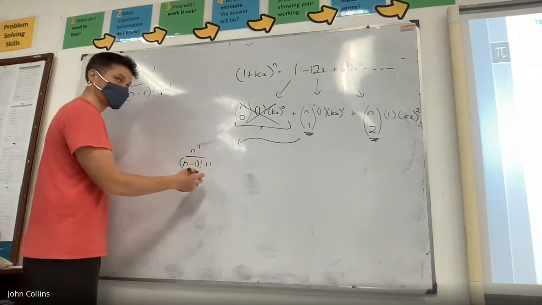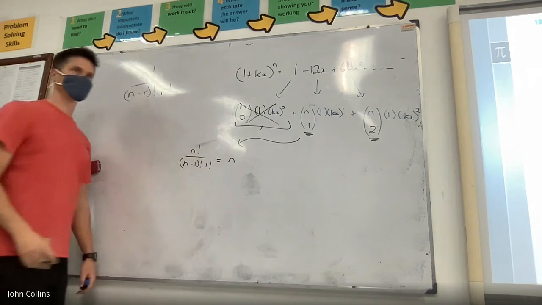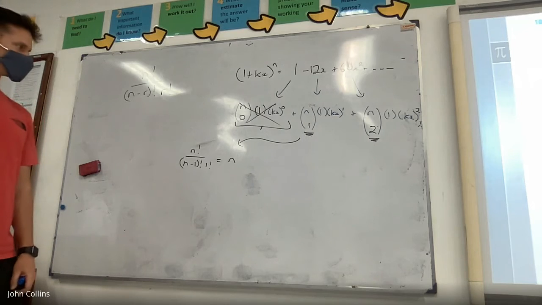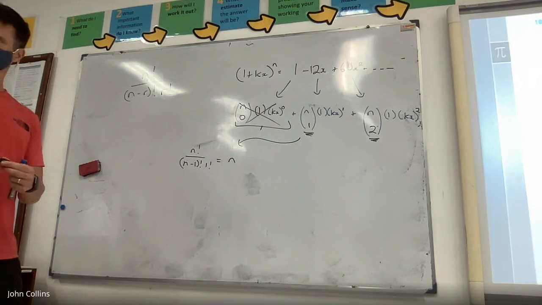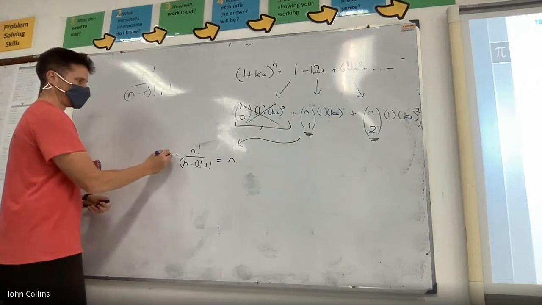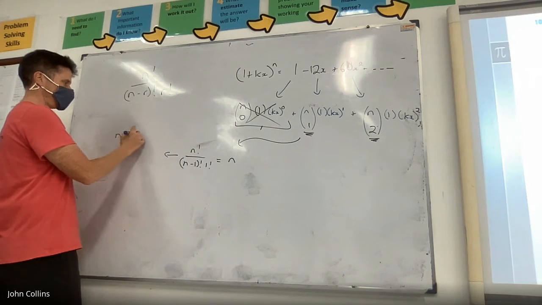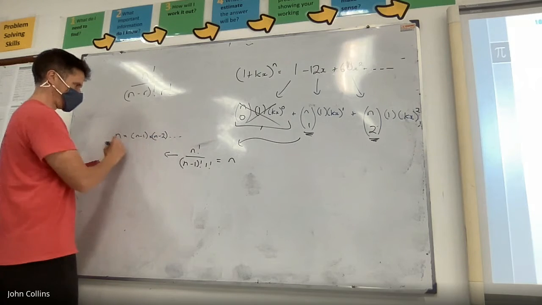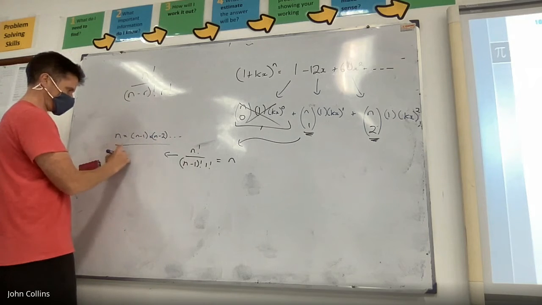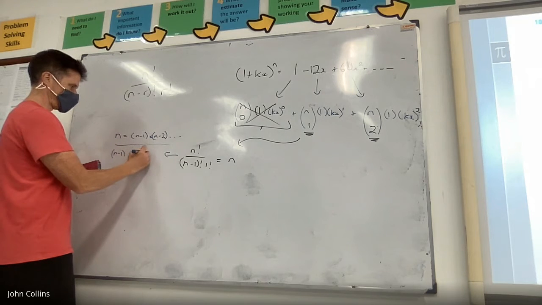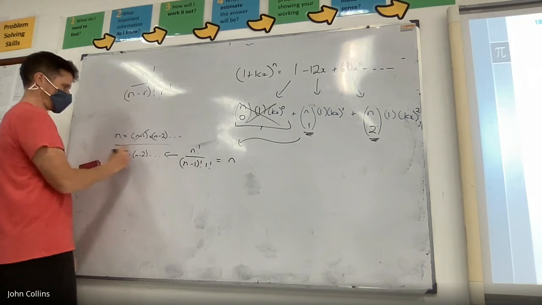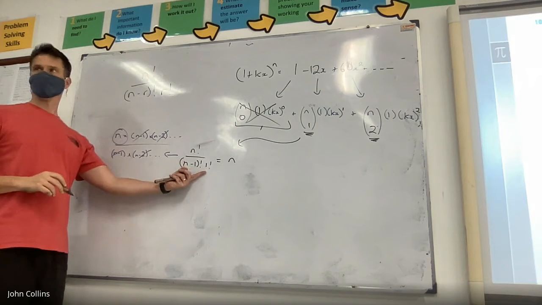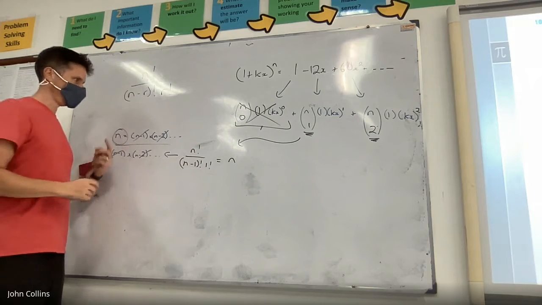So this simplifies down to n. 6 over 1 is just 6. Do we see that happening? Do you want me to do that out? N factorial is n times n minus 1, n minus 2, all the way down. The bottom line starts at n minus 1, n minus 2, all the way down. These start cancelling off, and all you're left with is n. And 1 factorial is just 1. So it's n over 1.